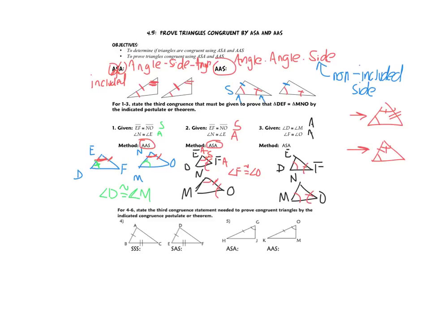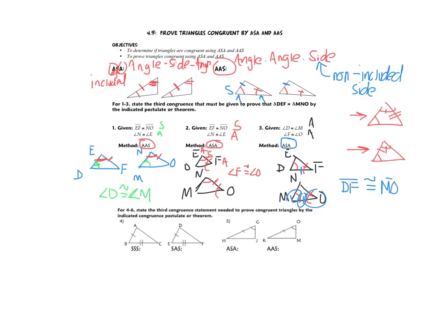So now we have to decide. They want angle, side, angle, not angle, angle, side, so that side has to be very specific. It has to be the one that's between, just like it says in the congruency, angle, side, angle, you literally have to have angle, side, angle. So we would say we want DF to be congruent to MO.